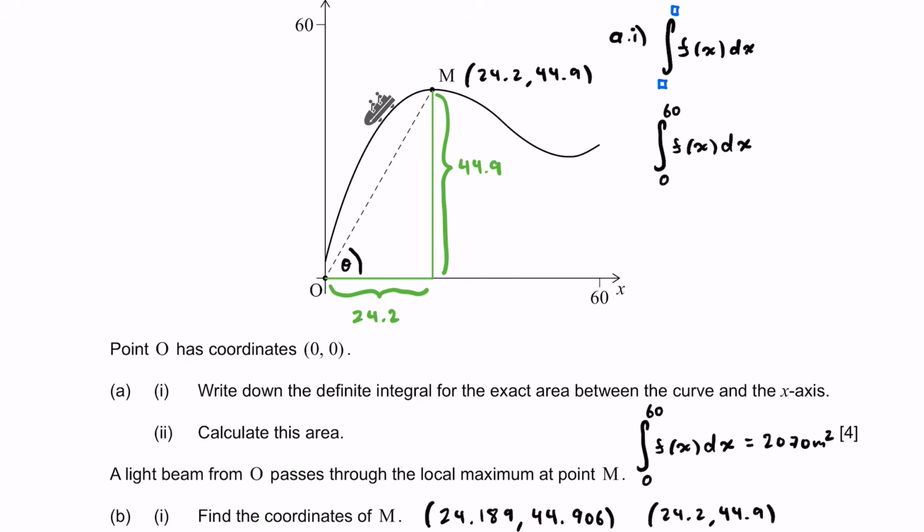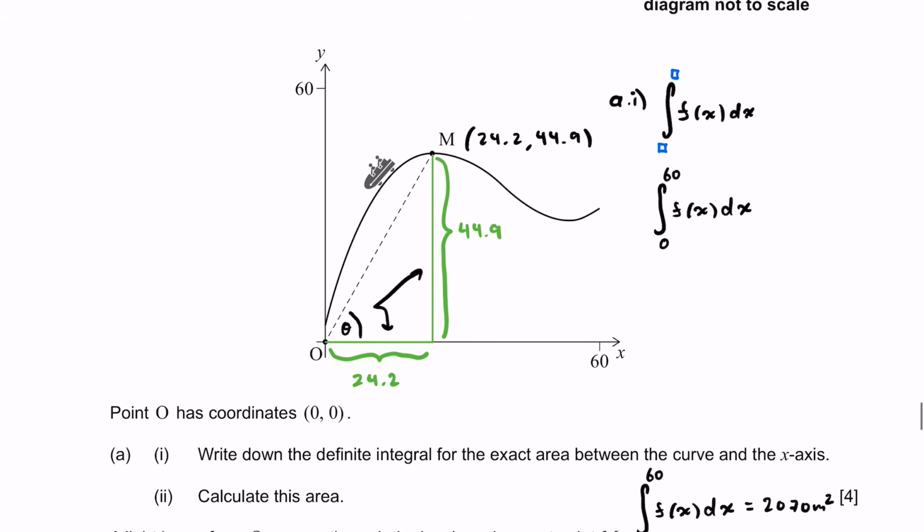What side lengths do we have? If this is our angle of reference, our theta, we have the opposite and we have the adjacent. So remembering SOH CAH TOA, we have the opposite and the adjacent, we have tan. So we have tan theta, which is a relationship between the opposite and the adjacent.